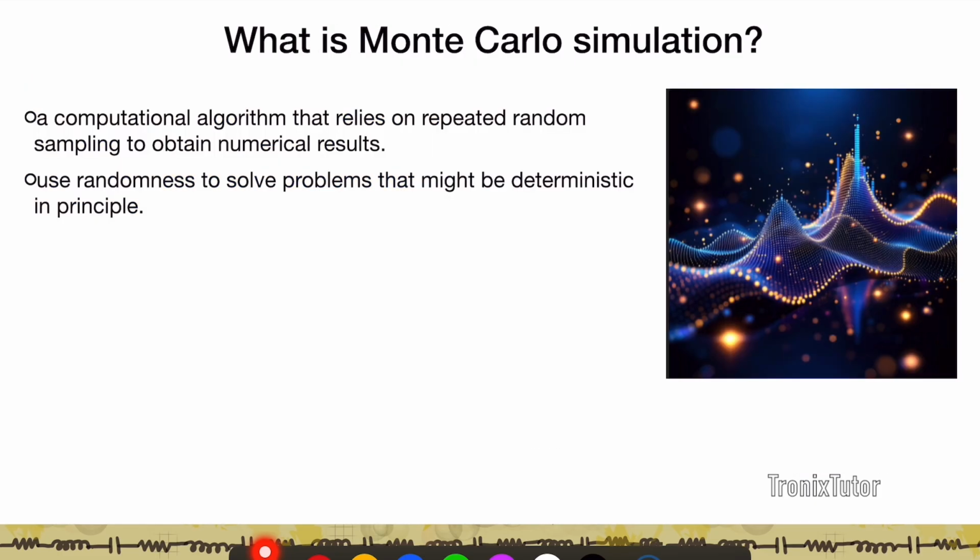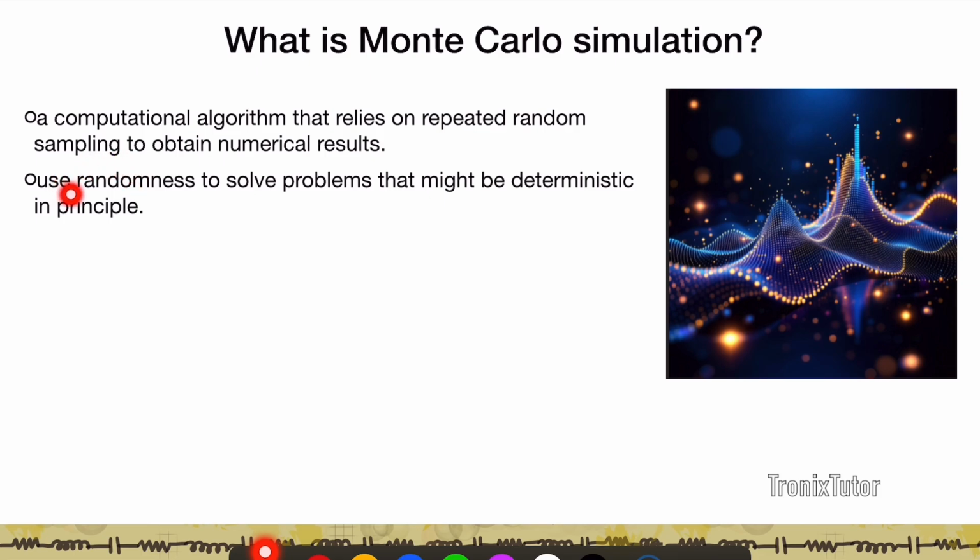So let's take a step back and talk about what a Monte Carlo simulation is. Monte Carlo simulation, very simply, is applied across various fields; it's not only semiconductors or VLSI design. This video caters specifically to the device or circuit part of the simulations, but it's in general a computational algorithm that basically does repeated random sampling.